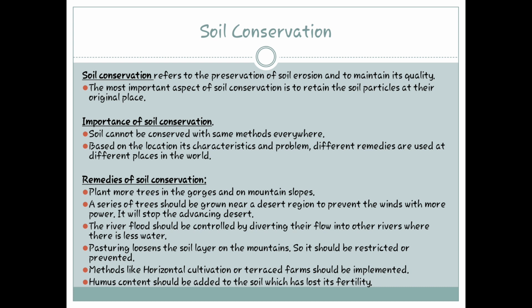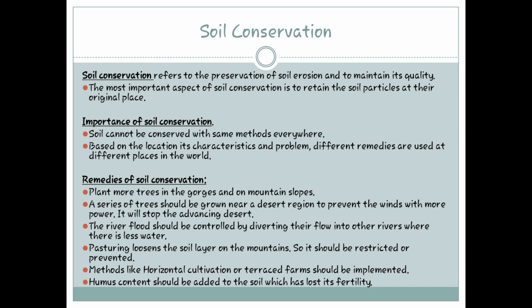What do you mean by soil conservation? Soil conservation means to prevent soil erosion and to maintain the quality of the soil. Soil conservation is directly connected to retaining the soil particles at their original place.